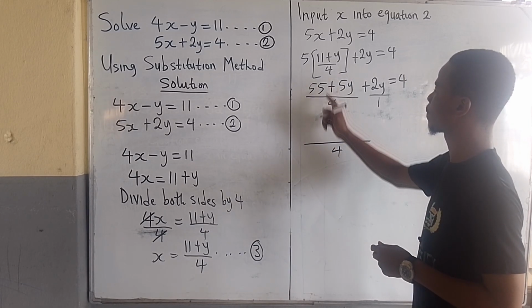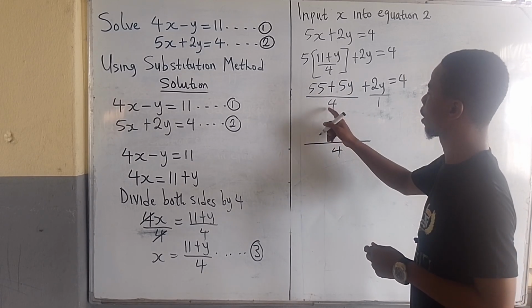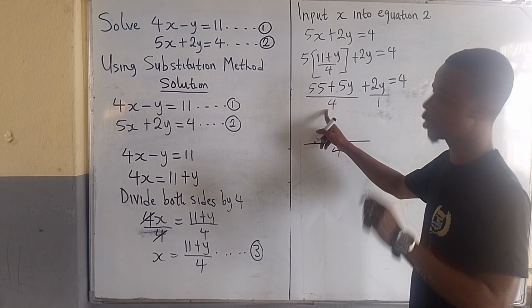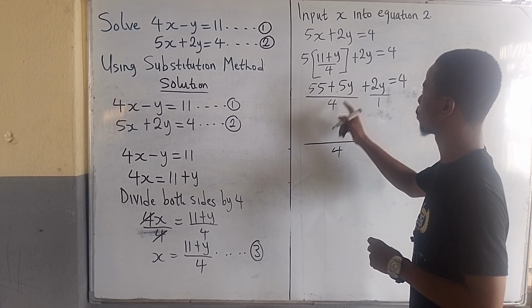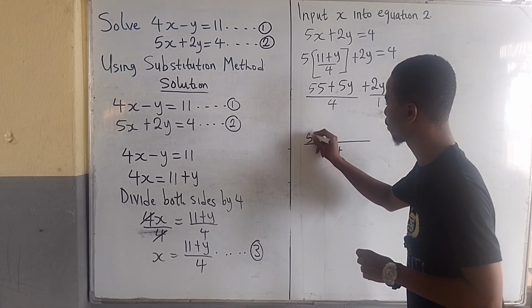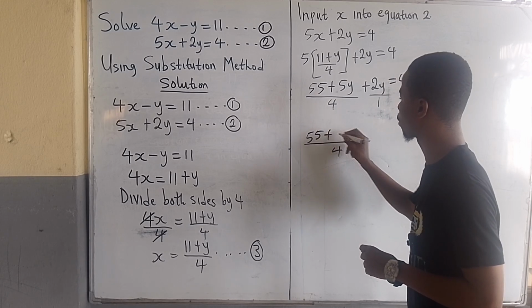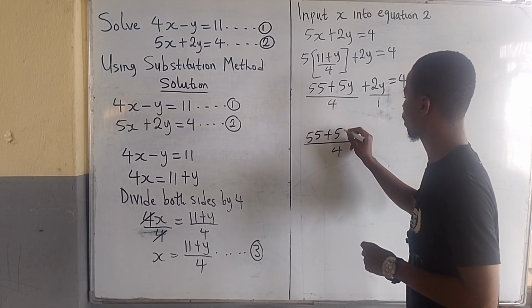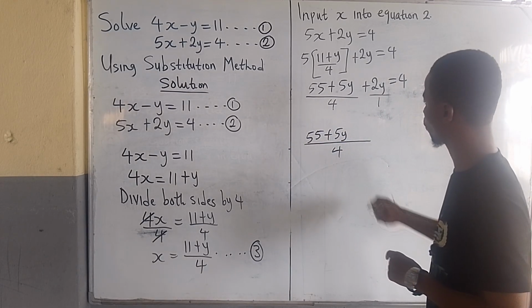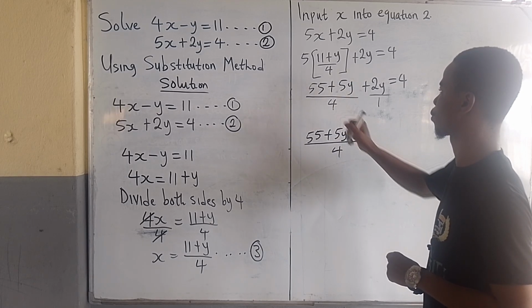This LCM works on this first fraction as 4 divided by 4, which is 1. That 1 multiplies all of this. So this will be 1 times 55, 55, plus 1 times 5y, 5y. We are done using this to work on the first fraction.